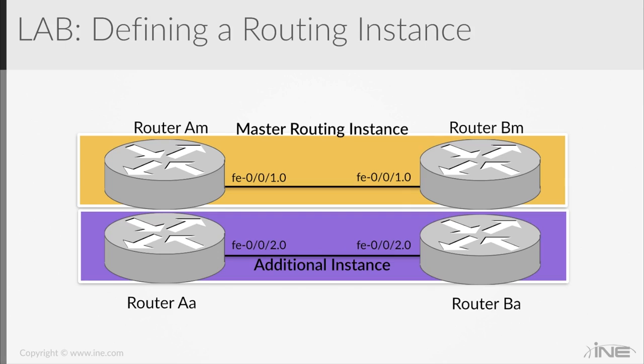So effectively, as you can see in the third slide, this is the resulting virtual topology. I'm putting here router AM as in master instance, and router BM as in master instance, and then router AA as in additional instance, and router BA as in additional instance.